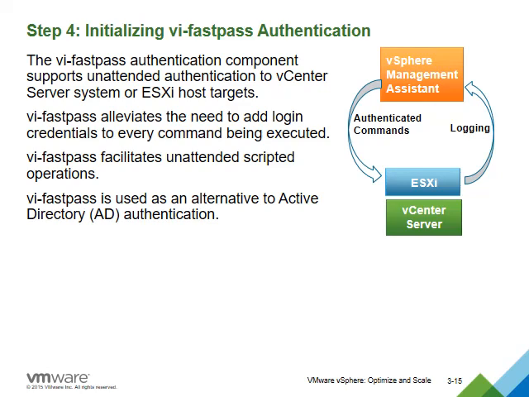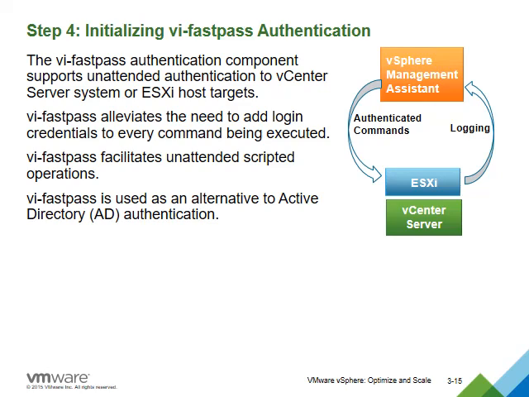For vFastPass authentication, the credentials entered by the user for the vCenter server and the ESXi host when adding either as a target are stored in the local credential store. With Active Directory, the user is authenticated through your Active Directory server.